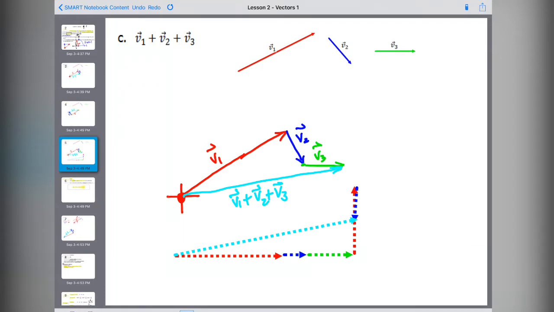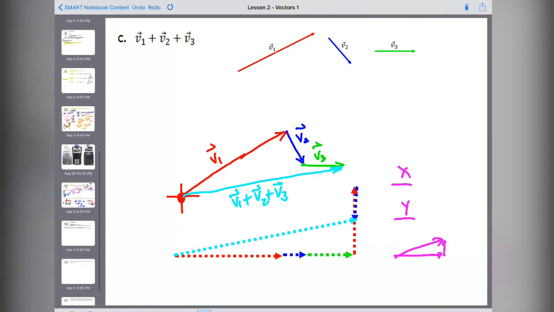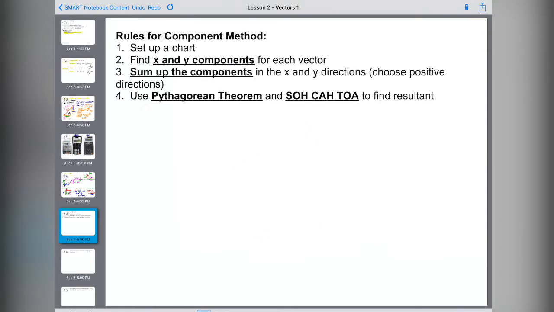So what that means is, as long as I gather everything that is along x and everything along y, then I can just do two vectors, the x and the y, and find out the overall resultant. And that's where the component method comes in. The rule for components: I suggest doing a chart. I'll show you how we would do that.